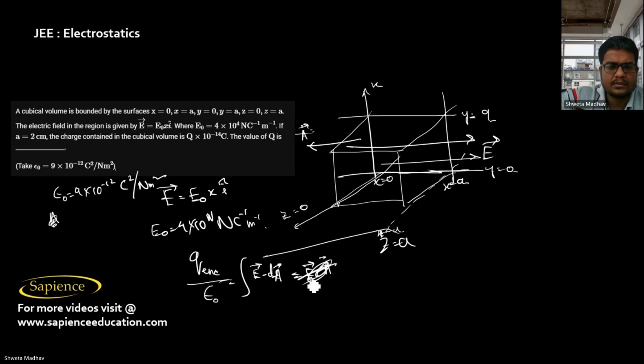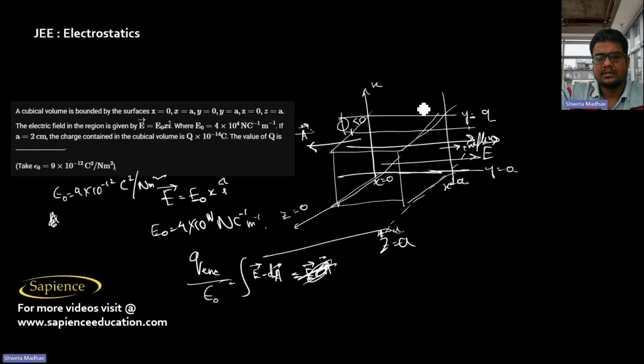Here the area vector is towards the left and the electric field is acting towards the right. So the flux for the left face will be negative, and the flux for the right surface will be positive. So net flux will be 0 here.